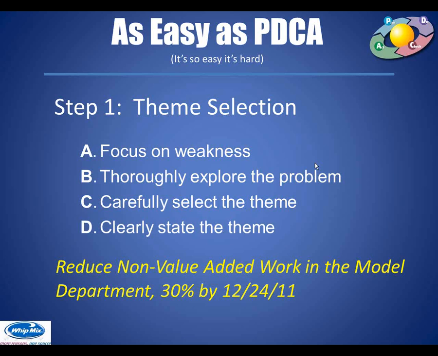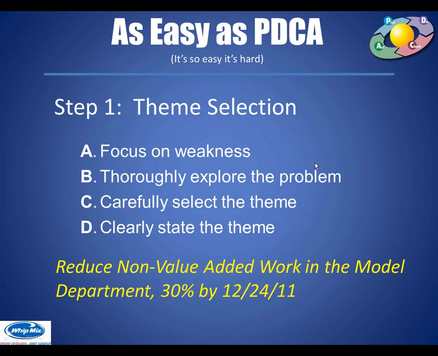And so you've gone through and you've mapped your different processes, and you've identified that, hey, we want to really focus on a given area. So, for example, the model department, we want to really knock out the non-value added, or we think there may be a lot of non-value added work. It just seems to take a lot of time, a lot of effort to get anything through our model department.